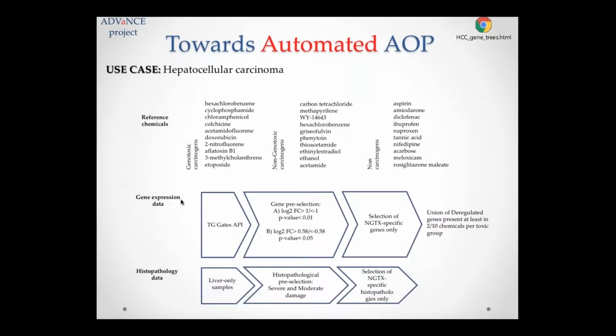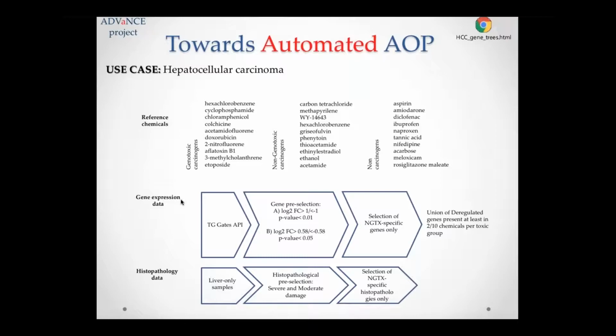So what we've done, again, for the use case of hepatocellular carcinoma, we selected 10 genotoxic carcinogens, 10 non-genotoxic carcinogens, and 10 non-carcinogens. And in terms of gene expression data, we just did pre-selection according to fold change and p-value and try to extract genes which are present in at least 2 out of the 10 chemicals per toxic class, so to derive more non-genotoxic specific gene signatures.